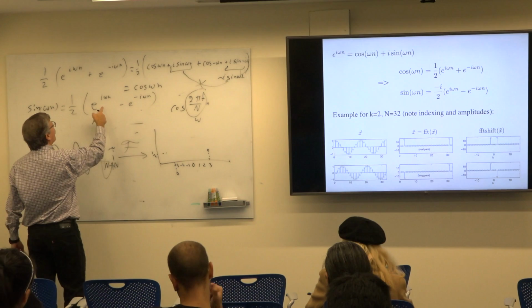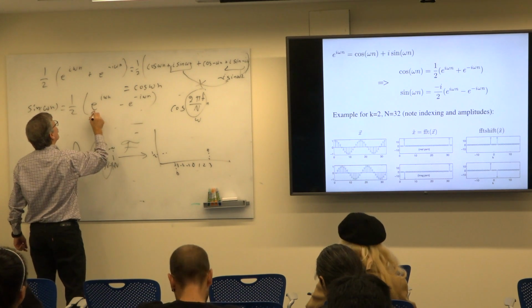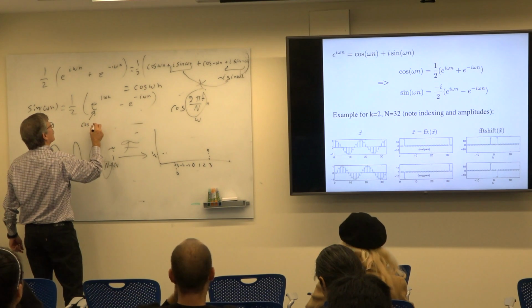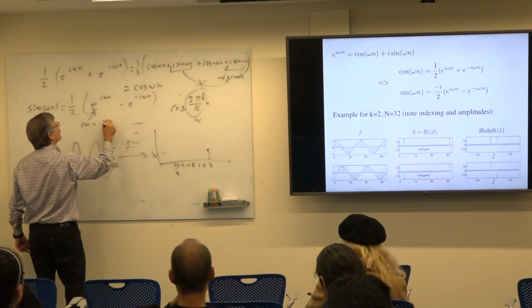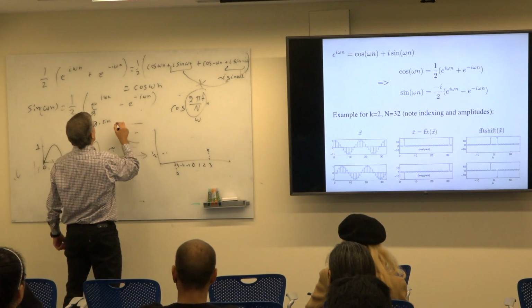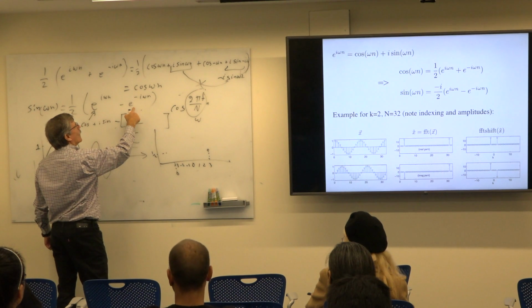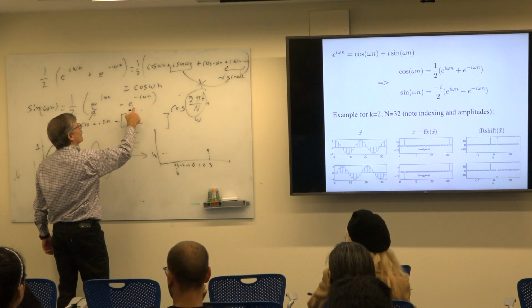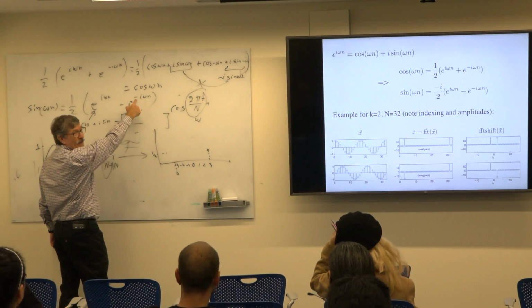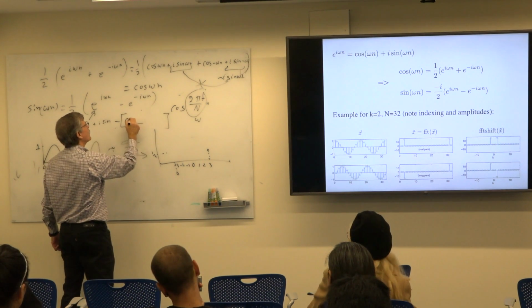Again, write it out. This one is the same as that one. So this is cosine plus I times sine, leaving out the argument, so it's the same. And this one, now we're going to take a minus. We have cosine, right? Because cosine of minus omega n is the same as cosine of omega n, so I'm skipping the step that I just used. So this is going to be cosine.